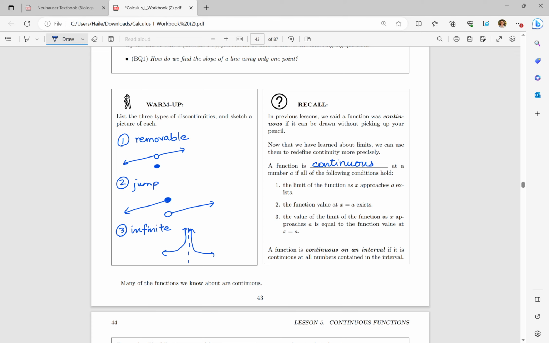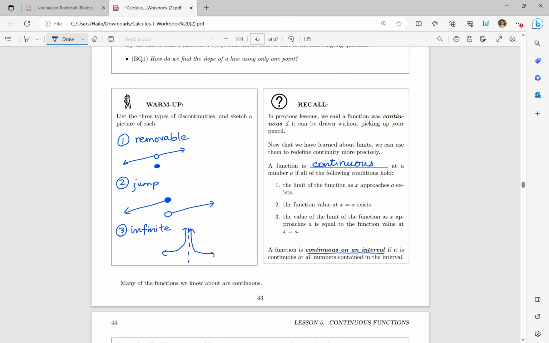Okay, so when we talk about continuity, instead of just not picking up your pencil when drawing a function, we have these three conditions that deal with function values and limits. So that's how we're tying continuity into what we've been learning. That's at a specific number. Now, a function is continuous on an interval if it is continuous at all the numbers contained in the interval.